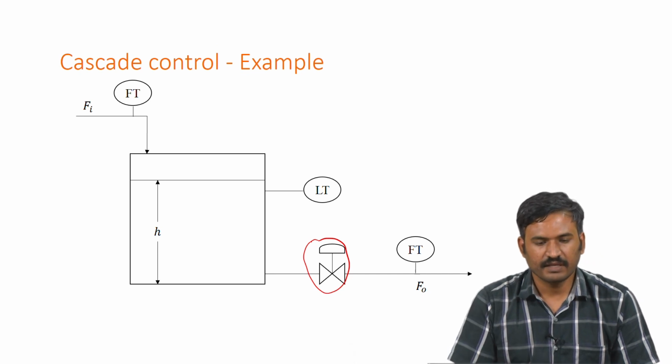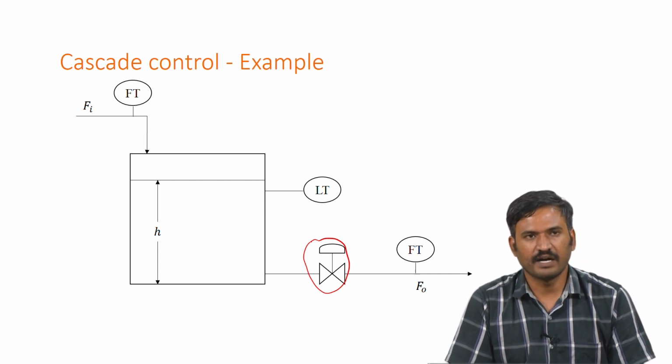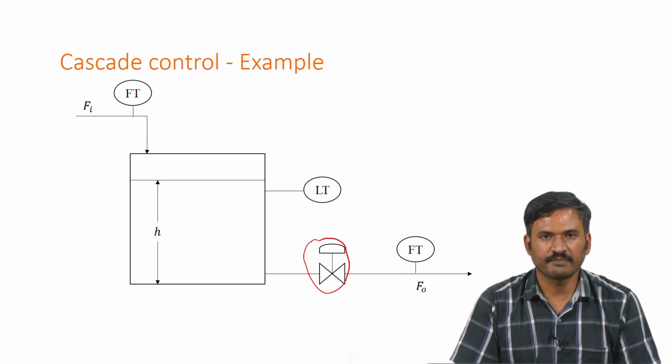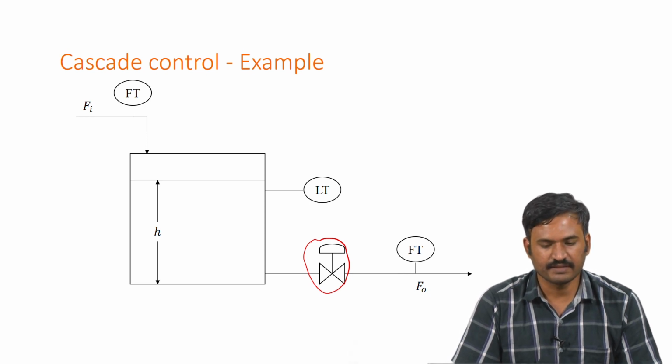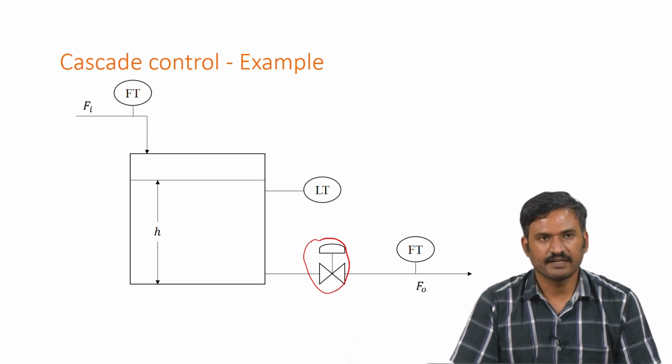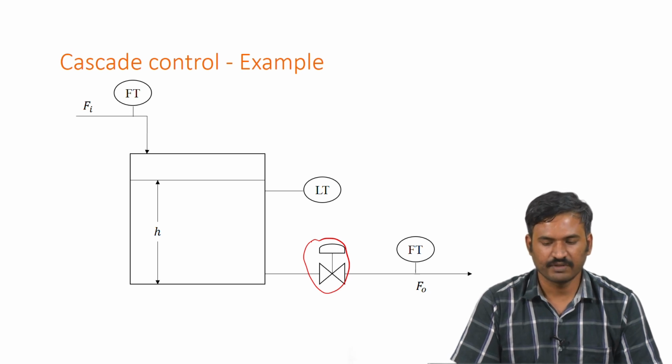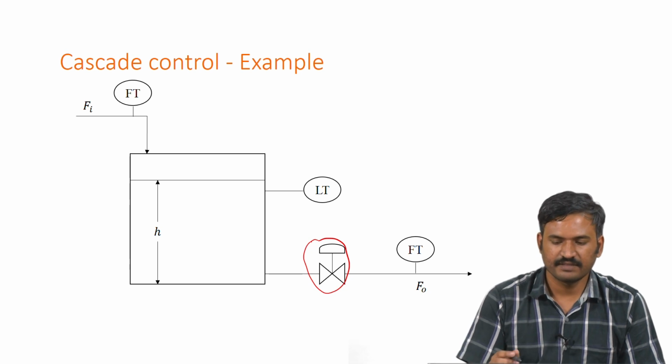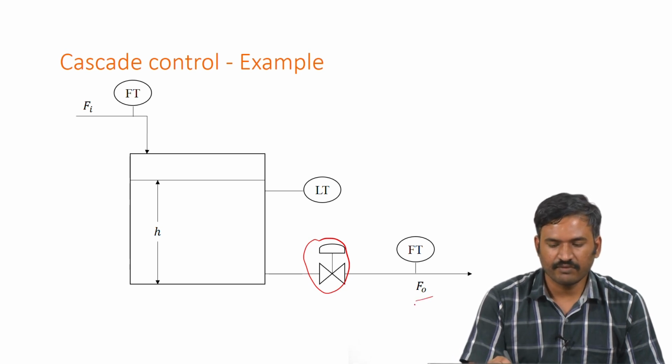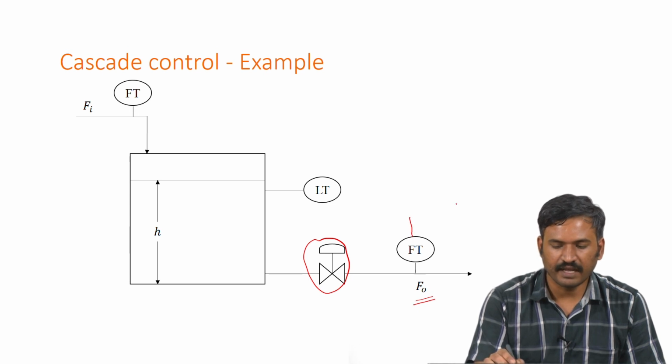Now, given this system, what are the possibilities of controlling the system so that the level does not either increase or dry out? One simple way of controlling is just to use the outlet flow rate measurement and use that along with the flow set point to control the valve position here.